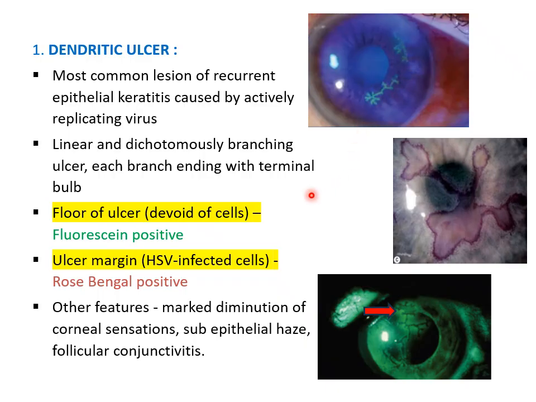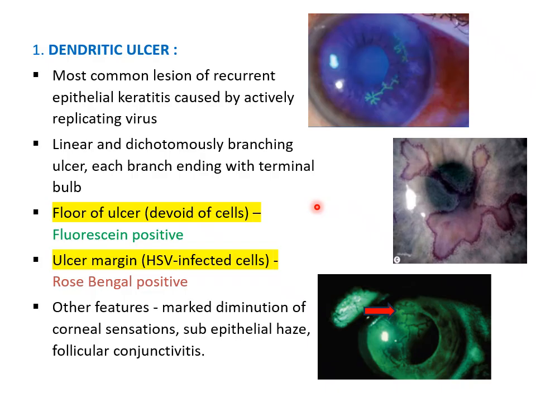So the floor of the ulcer, which is an epithelial defect, will be fluorescein positive. The margin of the ulcer, we know that there are actively replicating virus particles. So the margin is the part that contains the actively replicating virus or the infected epithelial cells.